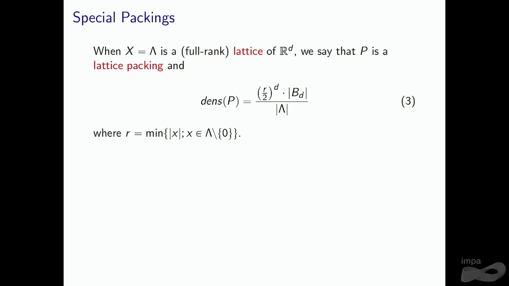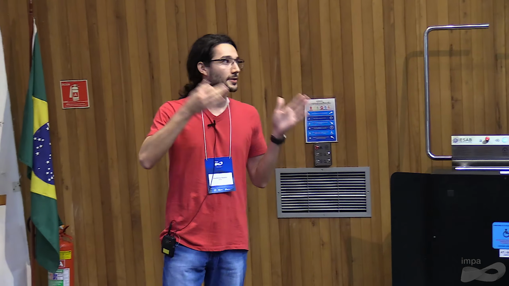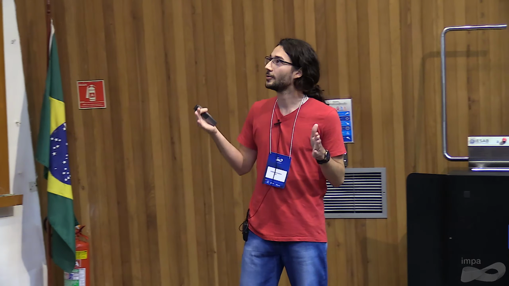And here r is the minimal non-zero norm of your lattice, so that you can use balls of radius r/2 to build the lattice packing. And more generally, if instead of a lattice you have a finite union of translations of your lattice, we have what we call a periodic packing.